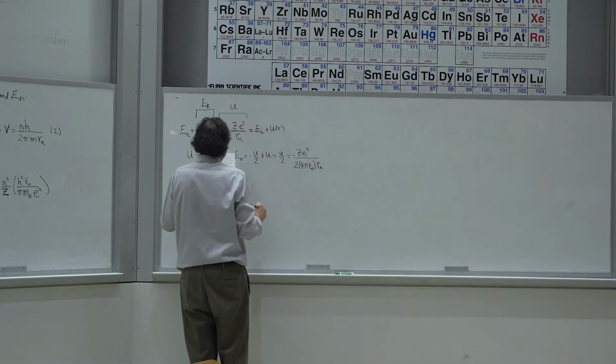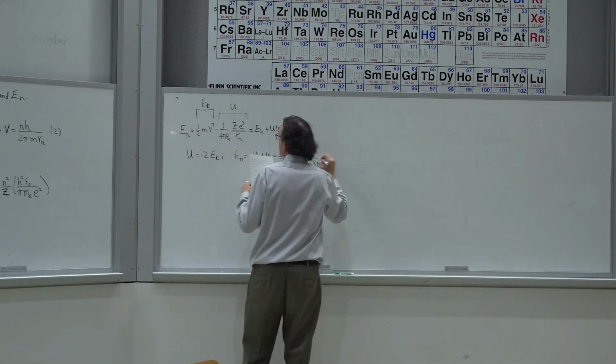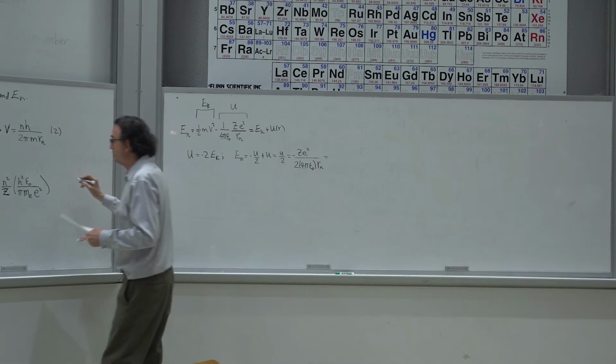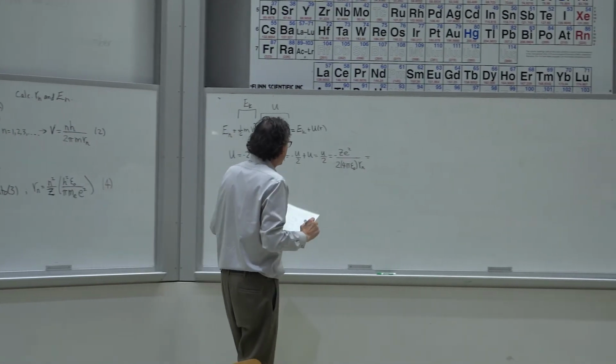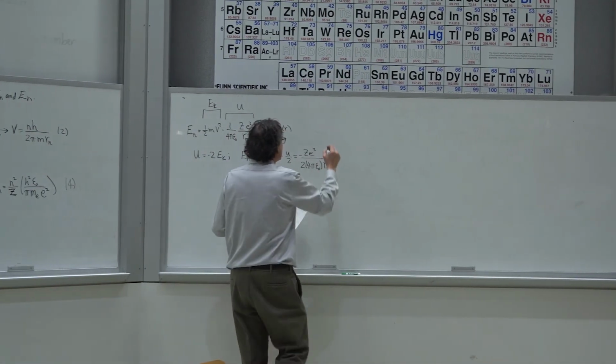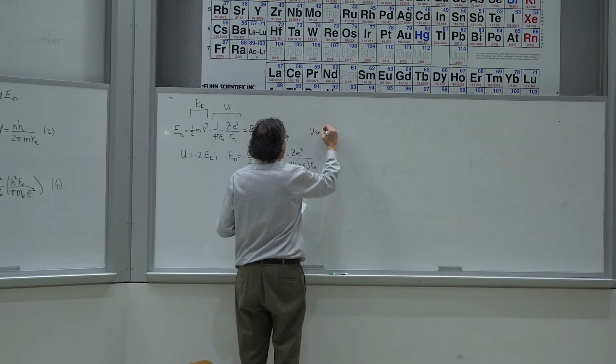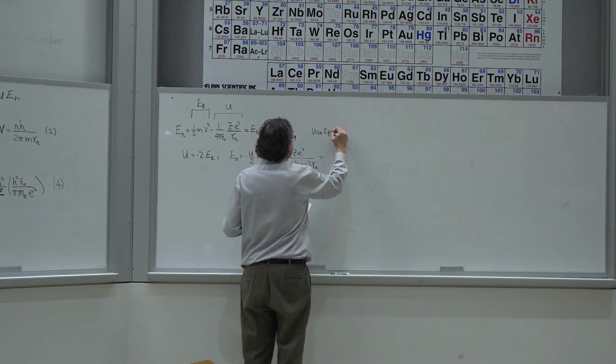Right? Or eliminating r sub n from this equation right here, which I'll call equation 4, let's say use equation 4 to eliminate r sub n.